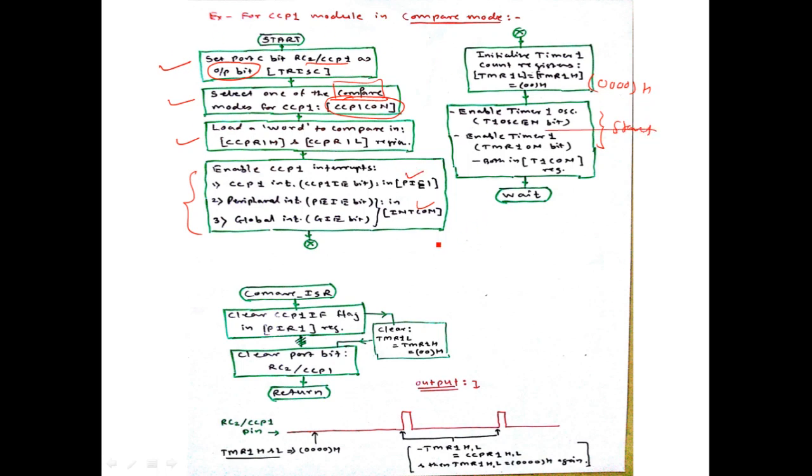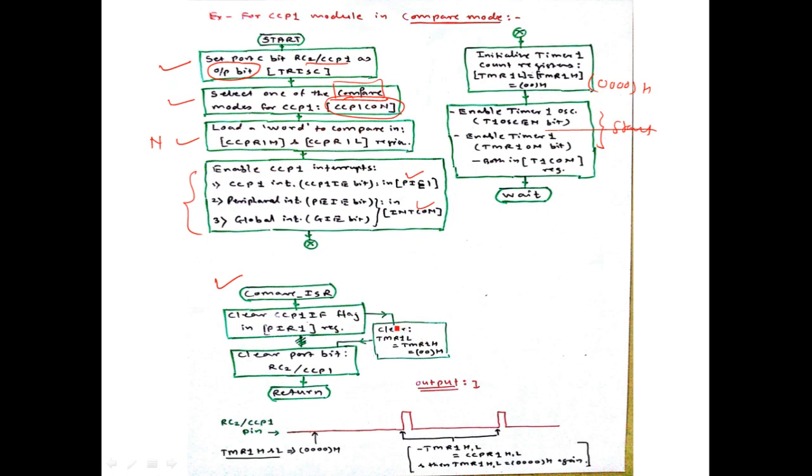Okay, then this basic setting is done. Then what will happen is that the timer count will go on incrementing, and when it matches with n, whatever n you have loaded here, an interrupt will be generated. So in that interrupt routine you can reset the interrupt flag, right?